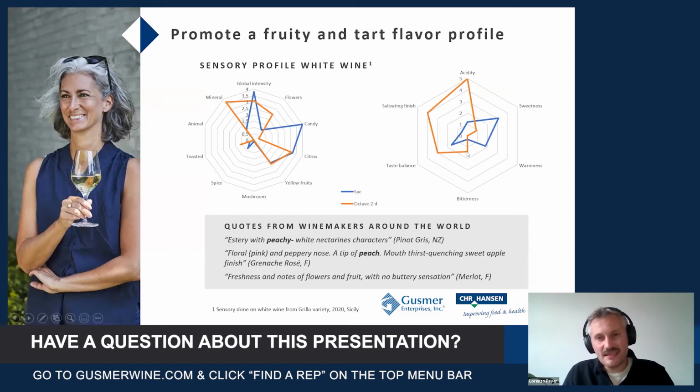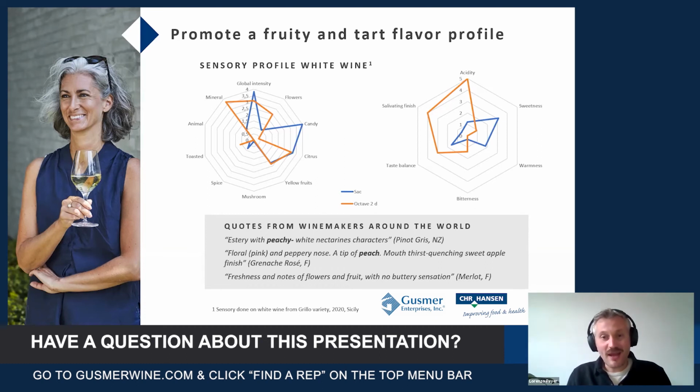Clearly with acidity also comes a little bit of bitterness. This balance is being increased, and this salivating finish corresponds to a way of describing drinkability. Let's say what pushes the consumer to have another drink of the same wine.